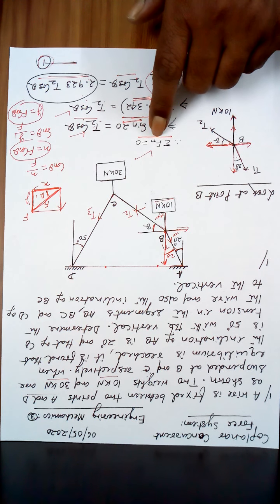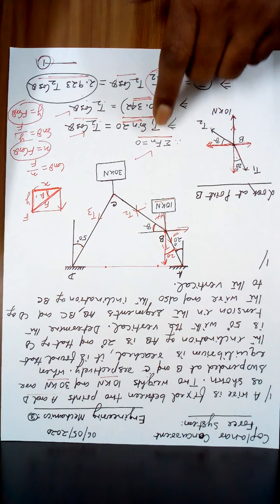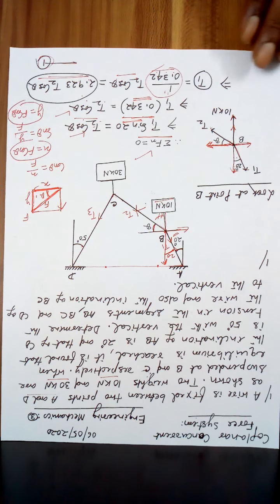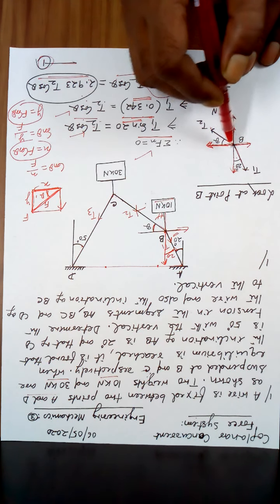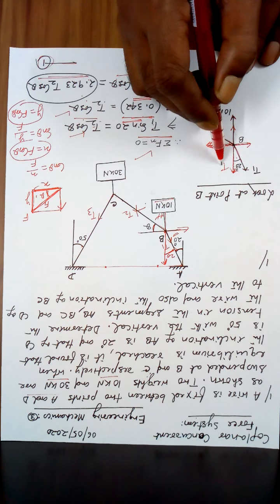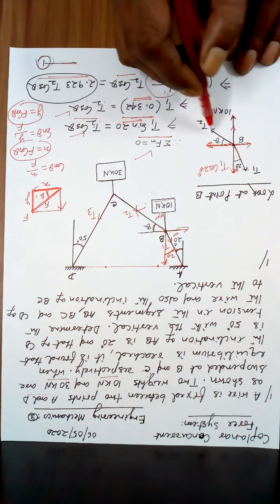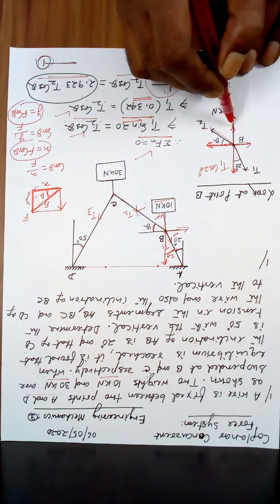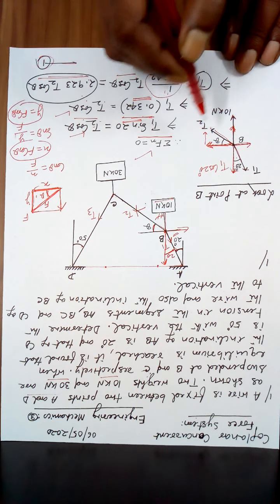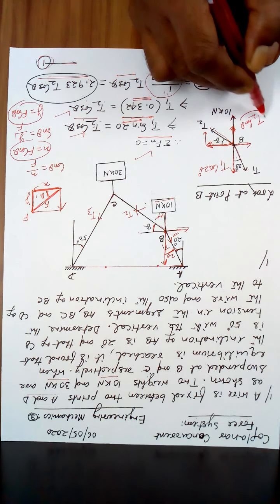Once we are finished with Fx, the sum of the forces along the x-axis, let us work out the y-axis. Now look, this will be your T1 cos 20 and the component of T2 will be T2 sin theta.